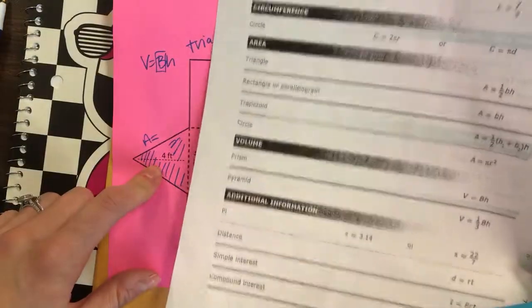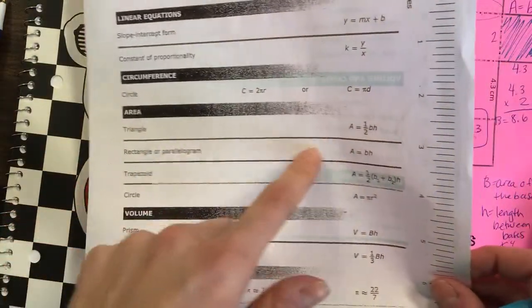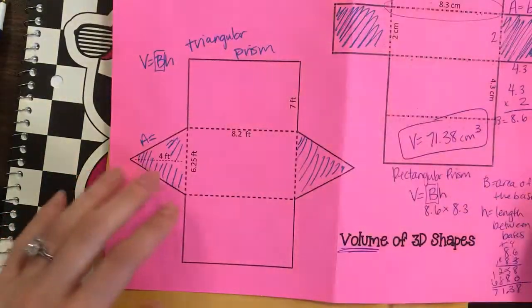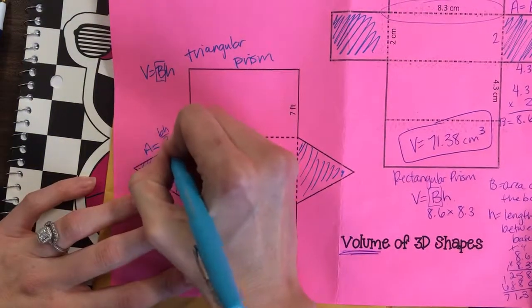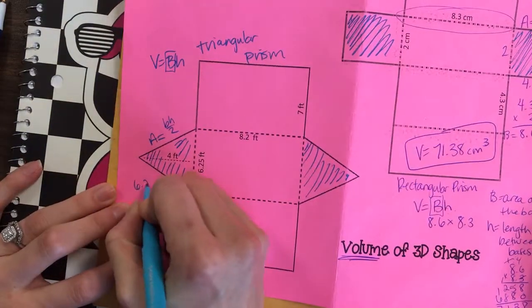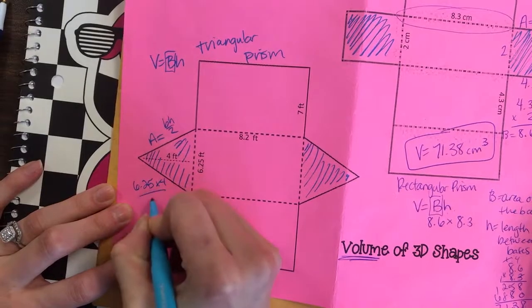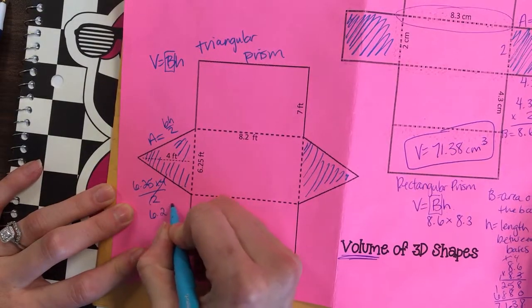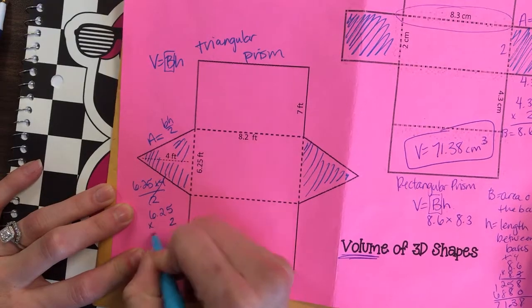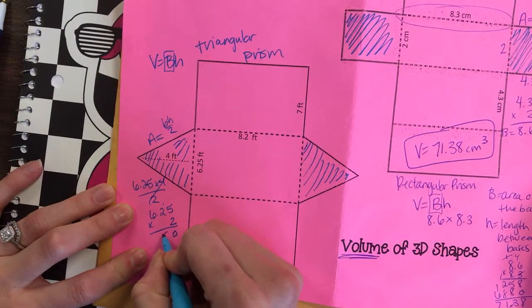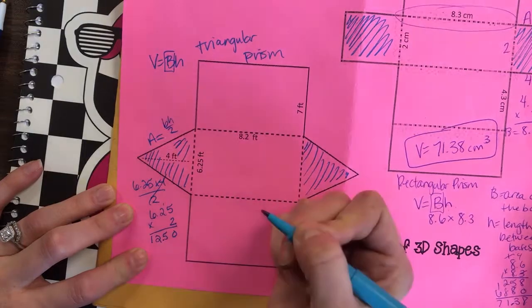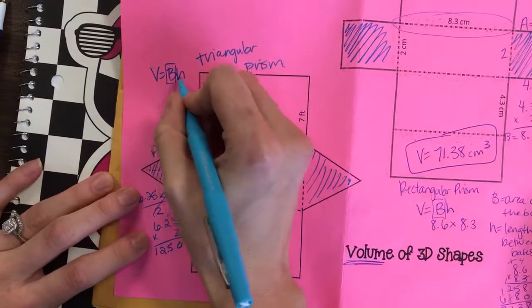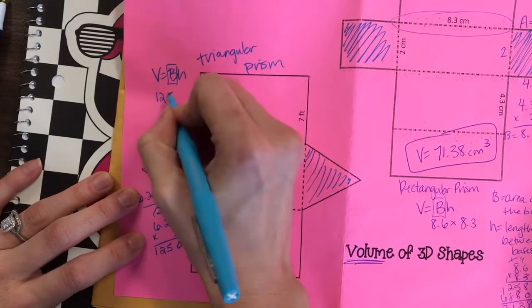In this case, it's a triangle. So I've got to use the area of a triangle formula, base times height divided by 2. So 6.25 times 4 divided by 2. I'm going to knock those off. So 6.25 times 2. So 4, 5, 1250. So my capital B is 12.5.